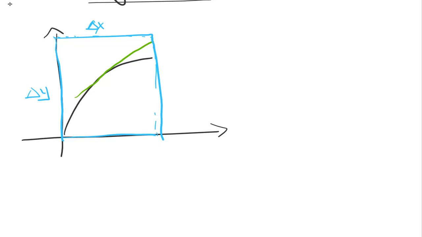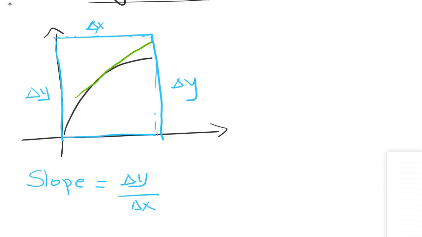So the slope of the tangent will be delta y by delta x. If this side is delta y, this side also will be delta y, and if this is delta x, this side also will be delta x.